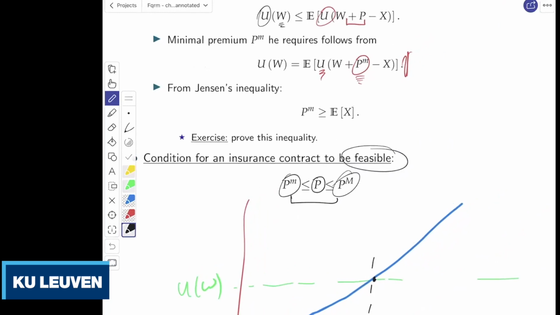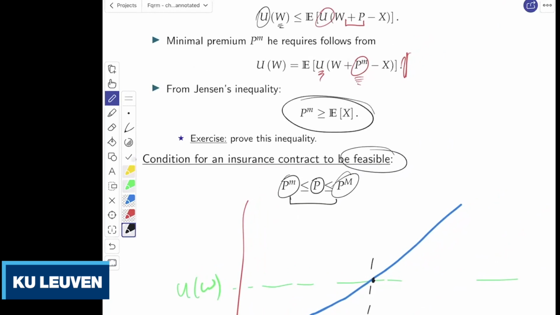A good exercise is to try this inequality. It's slightly more difficult than the same inequality for the insured, for the individual. But it's a good exercise. Again, you basically use Jensen's inequality. But have a look to show that also the insurer requires that you pay more than your expected loss.